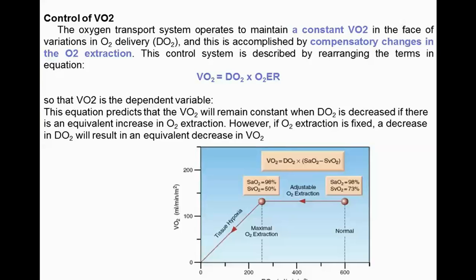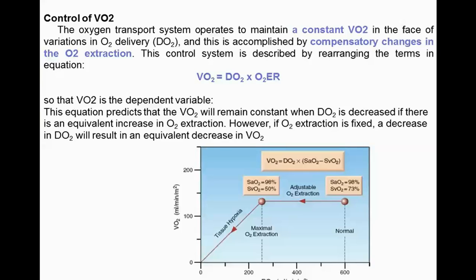What's the difference between both conditions? The percentage of extraction is increased. 250 divided by 1,000 is 25%. But 250 divided by 750, how much will it be? 33%.